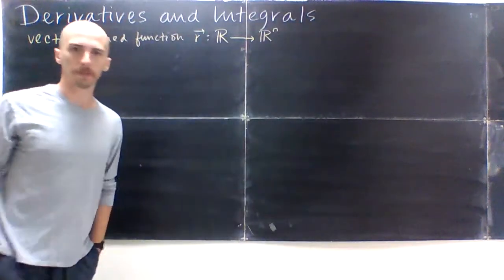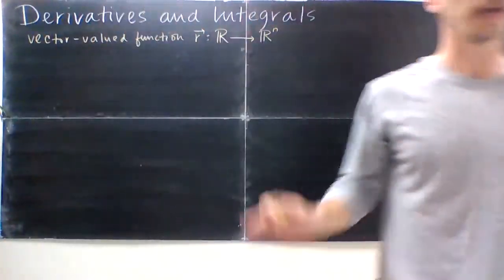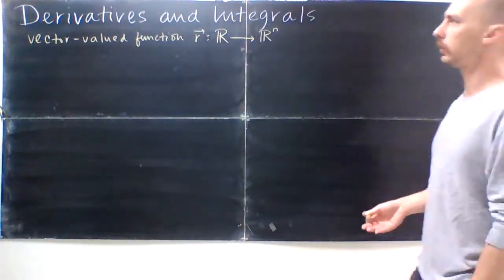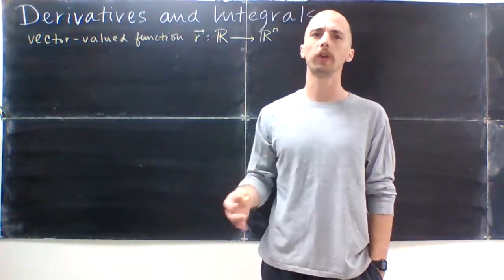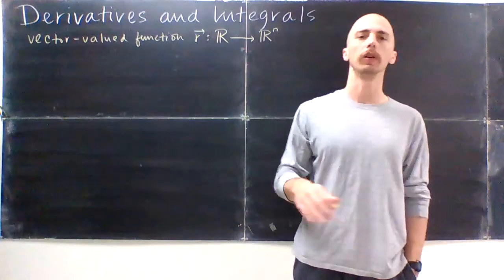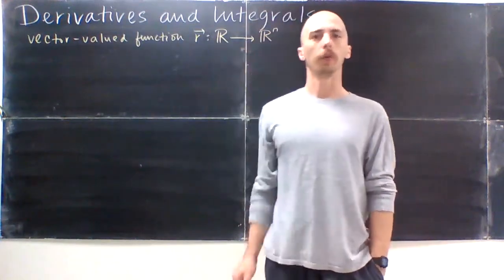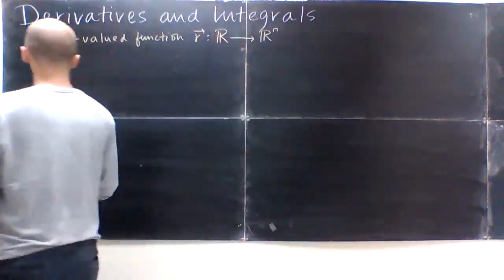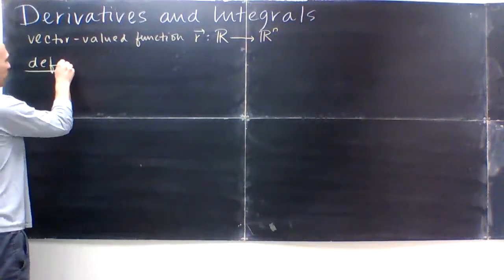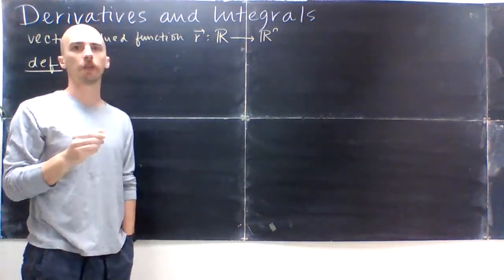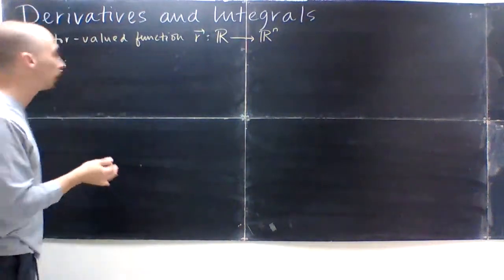R is going to be a function that takes in one real number and gives you back a vector. The dimension of that vector is as yet undetermined, but especially today and in this course, we're going to be primarily interested in plane curves and space curves: curves that live in a plane and curves that can range freely in space. A vector-valued function that maps into R2 is going to be a plane curve.